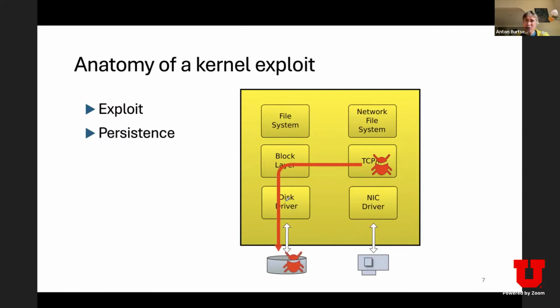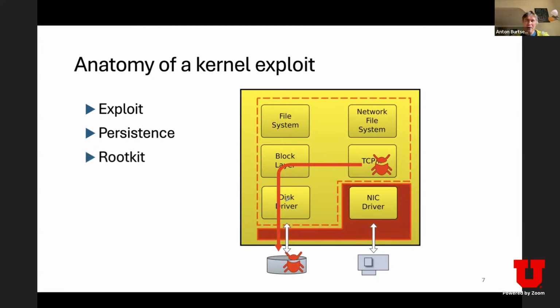Then essentially the goal is to gain some kind of persistence, to make sure that the attacker will control the machine after the reboot, and maybe even install something like a rootkit, like a tiny hypervisor, which will virtualize the address space of the system in such a manner that antivirus detection tools will not detect the presence of yet another process running in the system, a process which is controlled by the attacker. They will not be able to detect the fact that the exploit is present in the system, right?